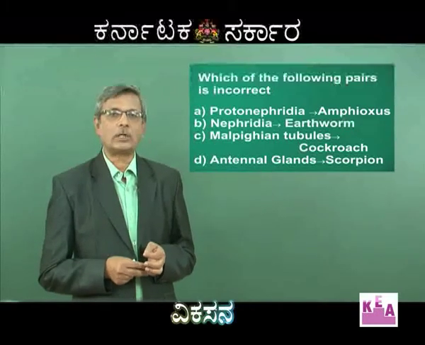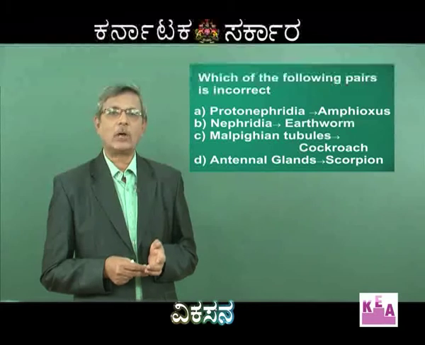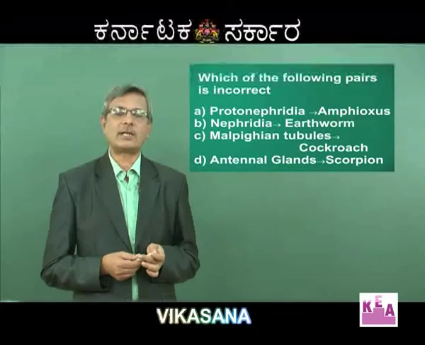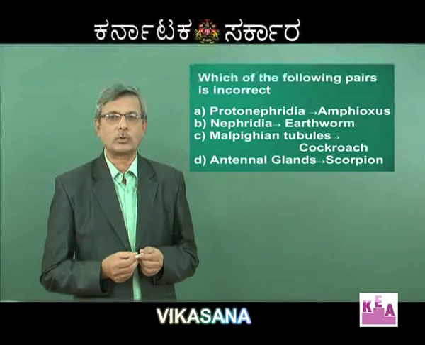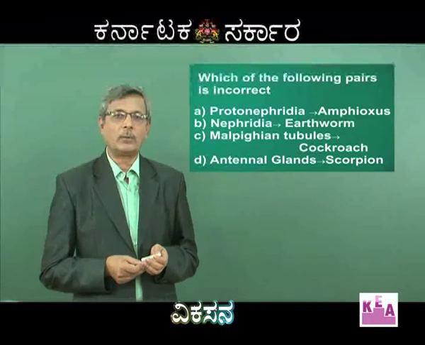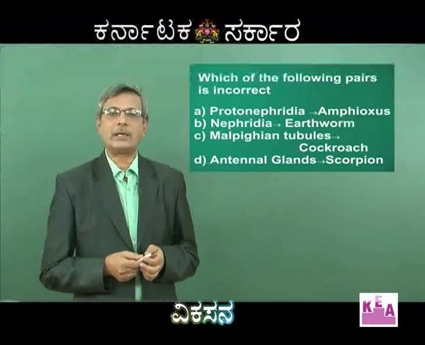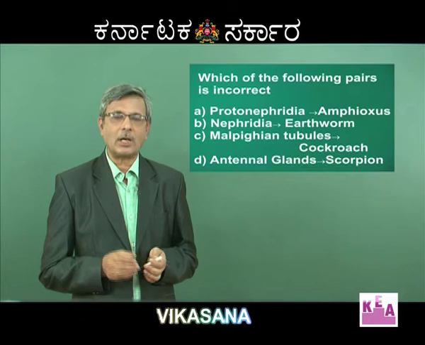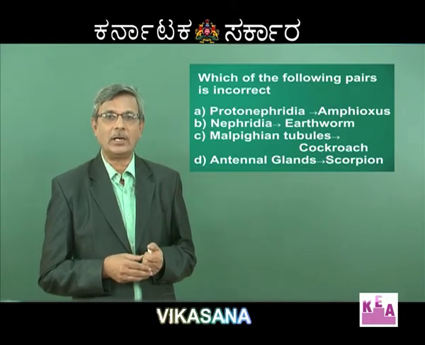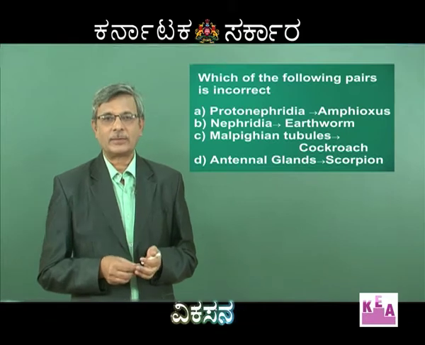When you talk about earthworm, which is an annelid, we find Nephridia. In cockroach, which is a terrestrial insect, we have Malpighian tubules as the excretory structures. Now we come to option number 4, antennal glands. Antennal glands are also called green glands. They are found at the base of the antenna of crustaceans.